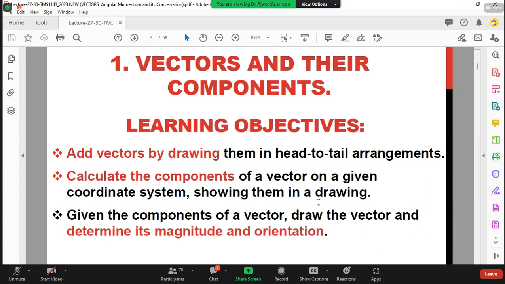So to draw the vectors and calculate the components. And the third objective is, given the components of a vector, draw a vector and determine its magnitude and direction. So those are the things we will go through.